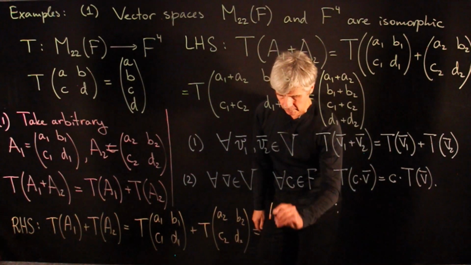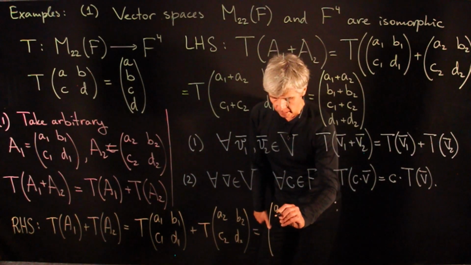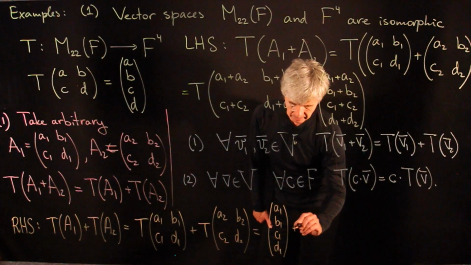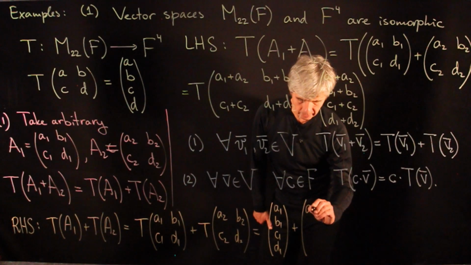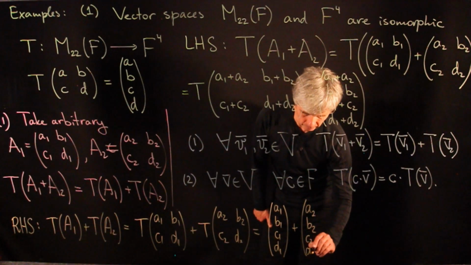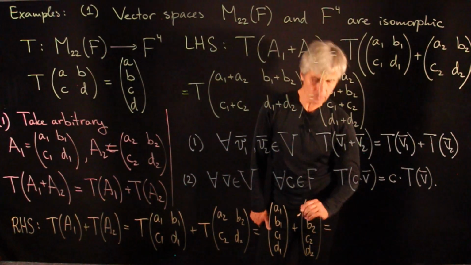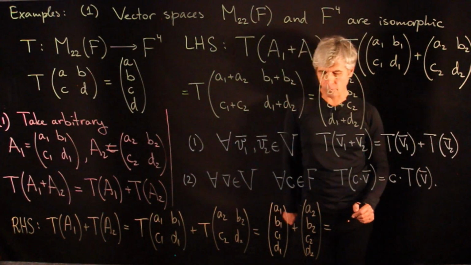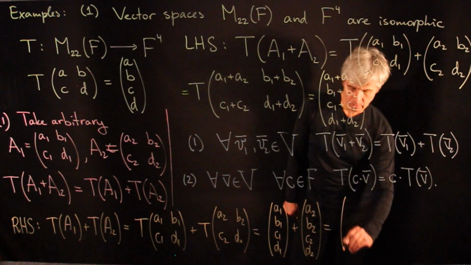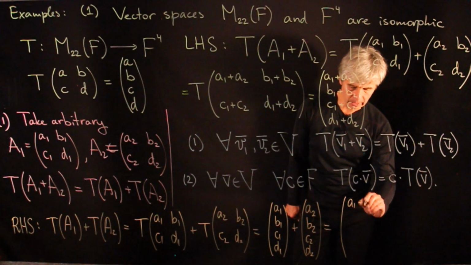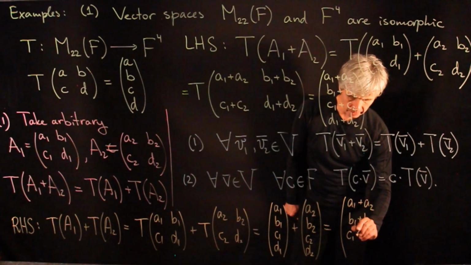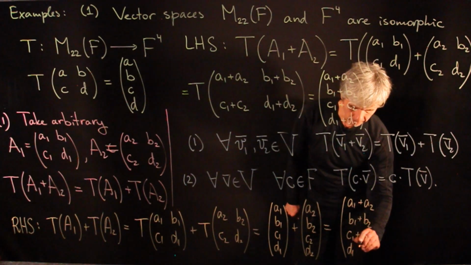So the first matrix is transformed into vector A1, B1, C1, D1. And the second matrix is transformed into a four-component vector A2, B2, C2, D2. And now we add these two four-component vectors. And vectors are also added component-wise. So the result is going to be A1 plus A2, B1 plus B2, C1 plus C2, and D1 plus D2.